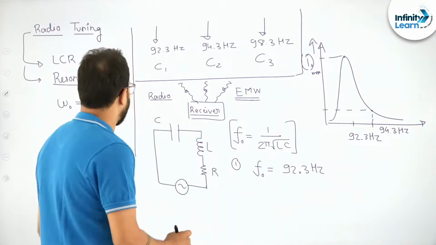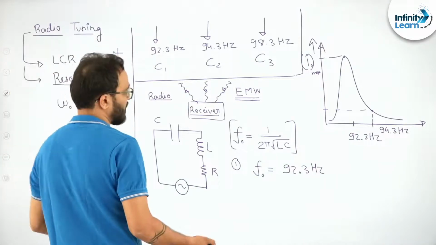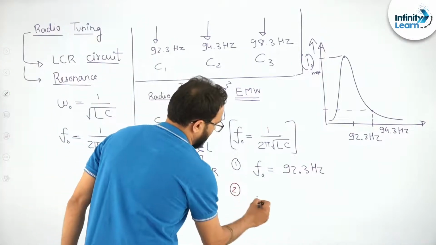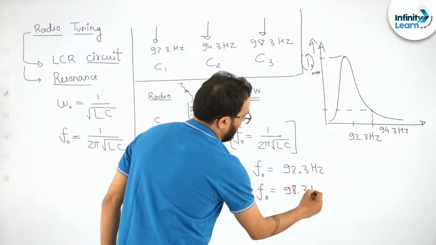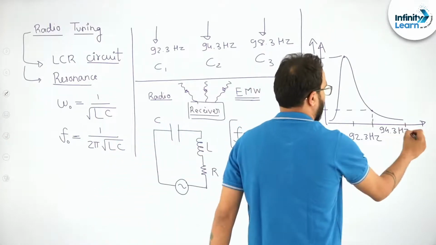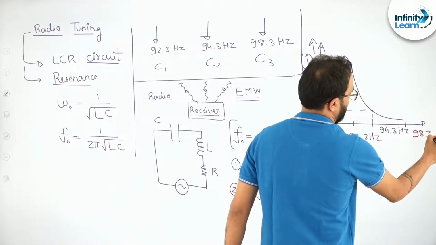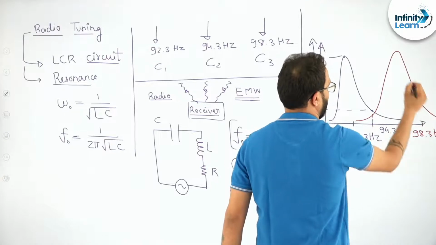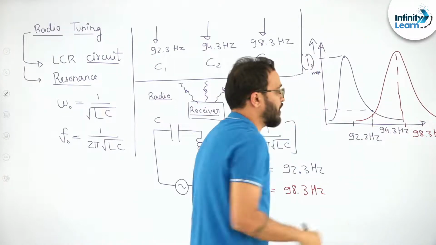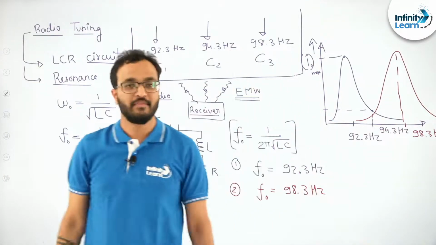Now if you change your resonant frequency to 98.3 hertz, then at 98.3 hertz you will get a peak. So now you will be able to hear this audio signal properly, right.